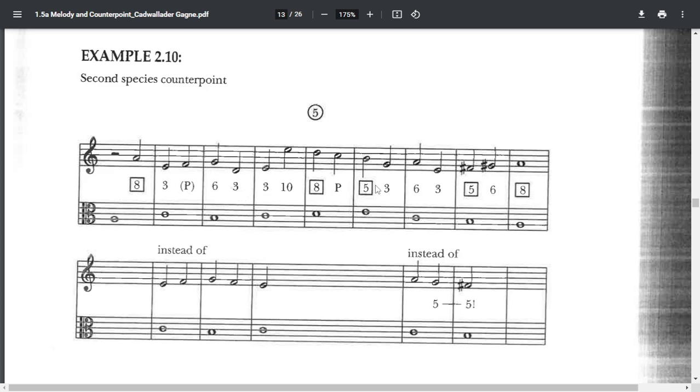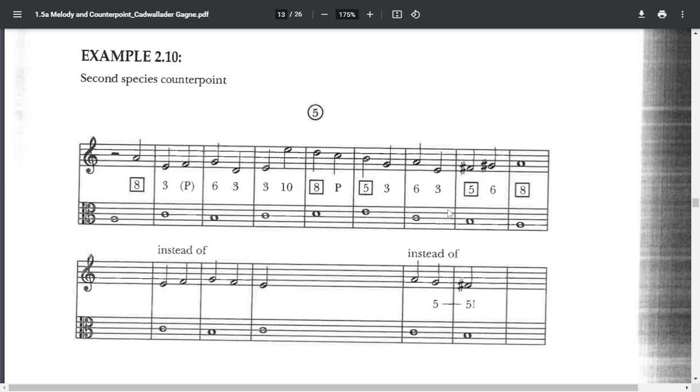So a particular consonant that you might find in contrapuntal writing is 5 to 6, which we have in this measure here, or 6 to 5, which I do not believe we have anywhere here.